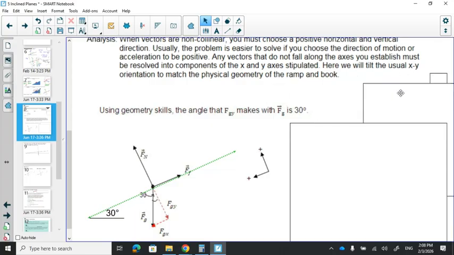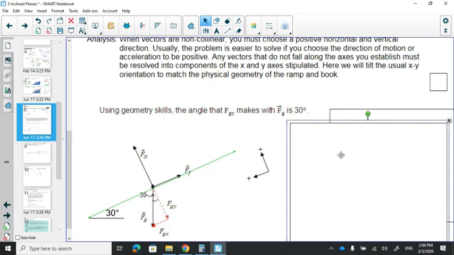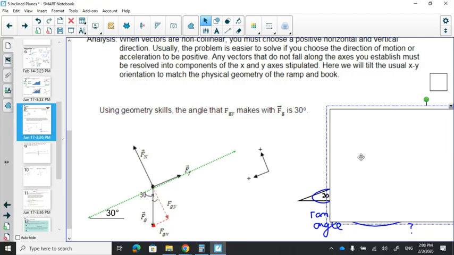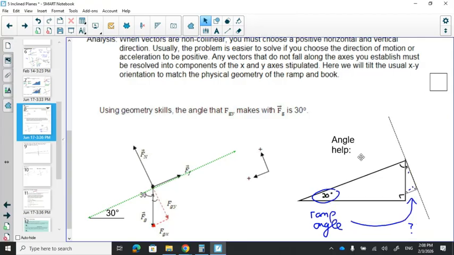And I definitely remember as a student being a little bit concerned about how to identify that angle. So there's a couple ways. One would be if you look at this triangle here, that's a right triangle, and it obviously has a 90, and it has the 30, and it has another angle.